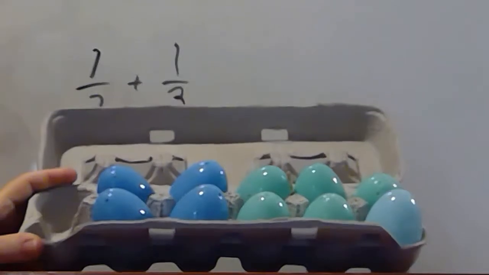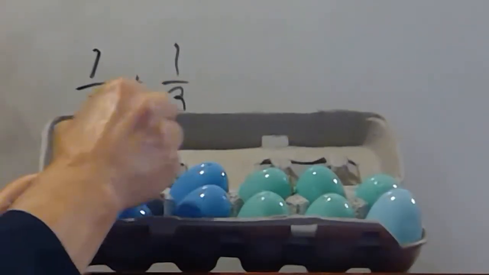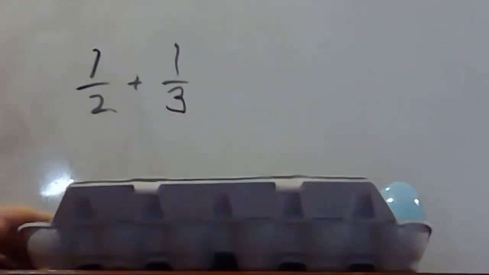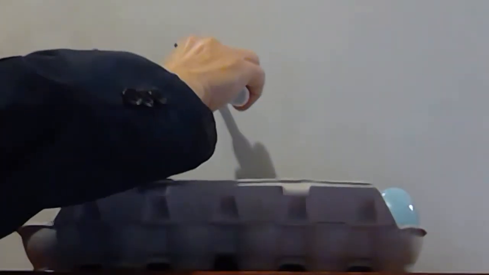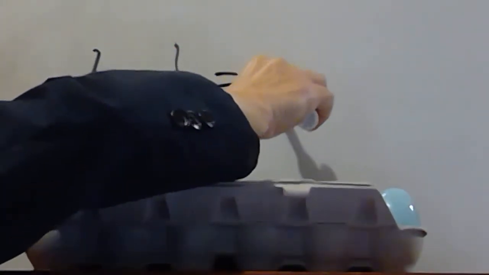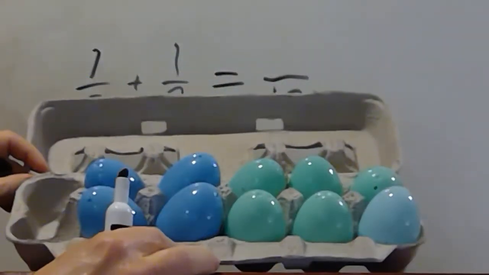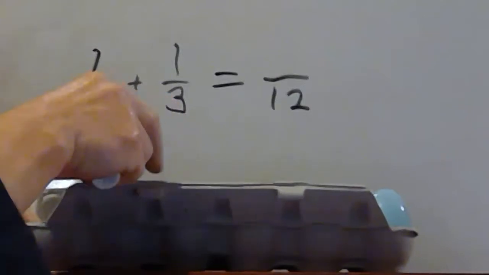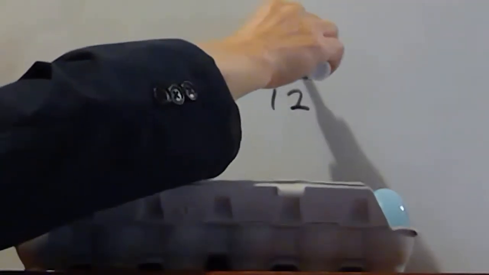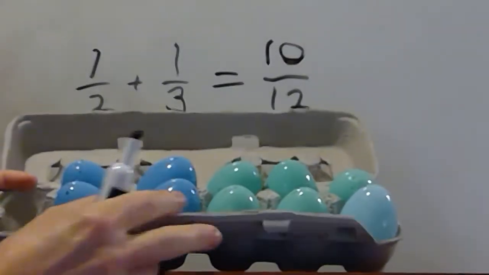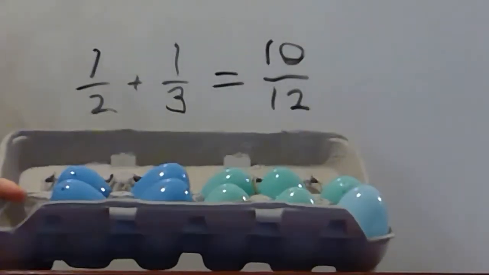I count 1, 2, 3, 4, 5, 6, 7, 8, 9, 10. So I have 10 eggs. But it's in an egg carton with 12 slots. So my denominator is 12 for the total number of slots in my egg carton. And then my numerator, or top number, is 10 for the total number of eggs that it's filling up.